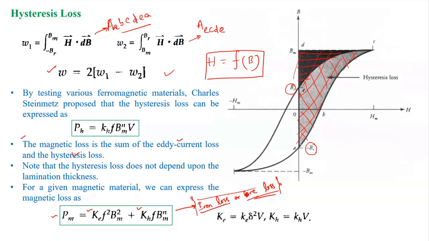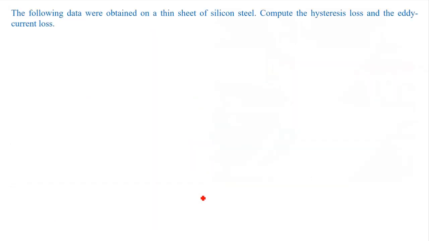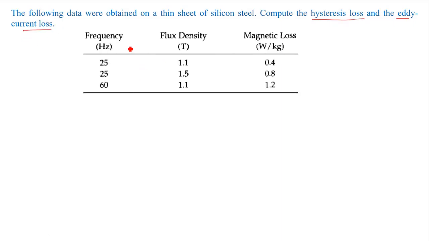In your lab, I think there is no experiment to segregate the losses, but you can find it with experimental data. Suppose we have the following data for a thin sheet of silicon steel. Now let us compute the hysteresis loss and eddy current loss. The data is given as follows: for different frequencies, we measured the flux density and the magnetic loss.